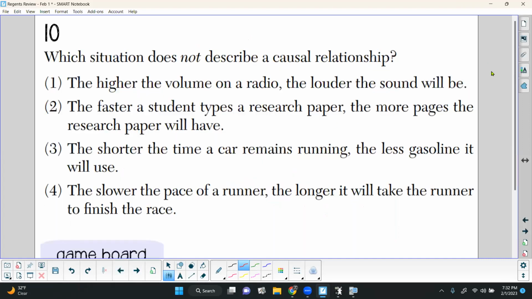Now, this is a new question. So you've never seen this before, so I'm going to read it to you, but I want you to read the first sentence alone by yourself first. And then I'm going to read it to you. I want to make sure that you are reading this important word here correctly.